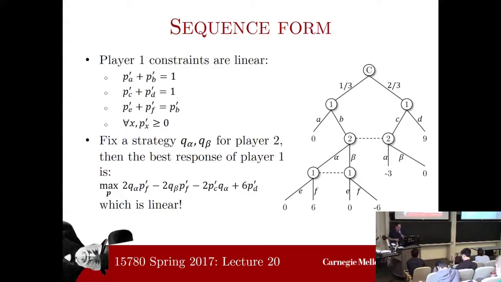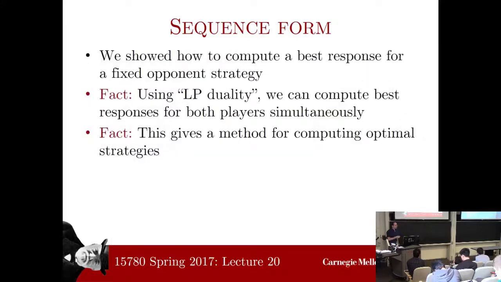Okay, great. So just very quickly, all of this work showed how to compute a best response for each player. Now I want to argue, without showing you the details, that you can still write the minimax strategy problem as a linear program. You can do it using LP duality.